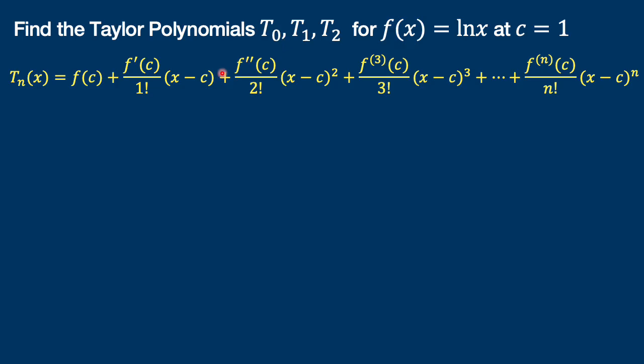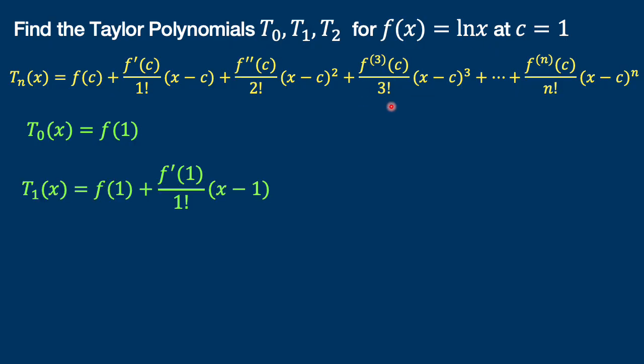Degree 0 means the constant term, right? T0 of x is f of 1 because the center is 1. So we need to find f of 1. Degree 1, you only take terms until degree 1: f of 1 plus f prime of 1 over 1 factorial times x minus 1.